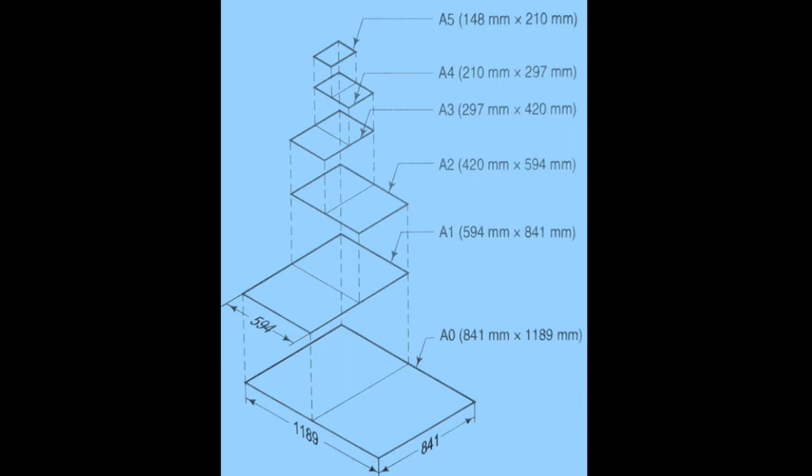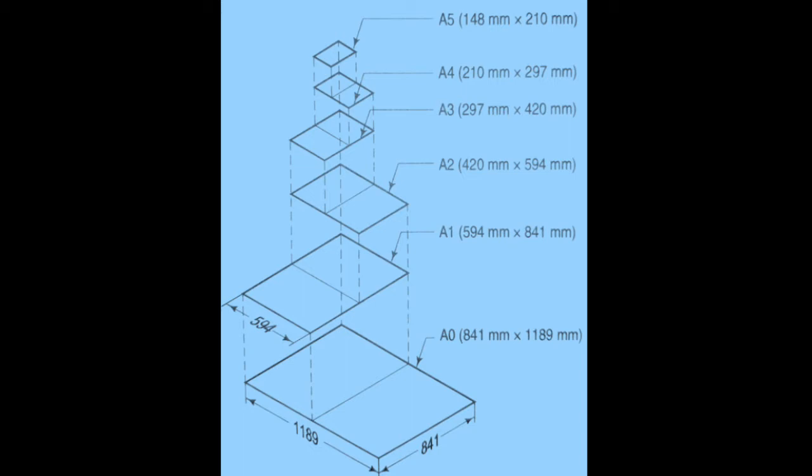A1 is 594 by 841 mm, and half of it we call A2. That means 594 by 420 mm. Half of A2 we call A3, that is 297 by 420 mm.